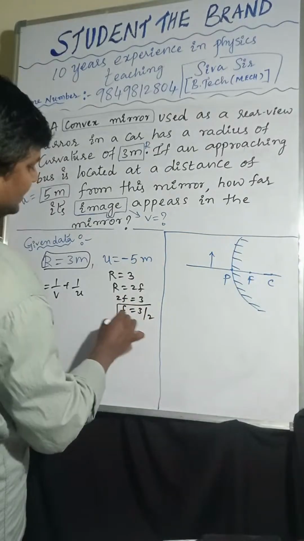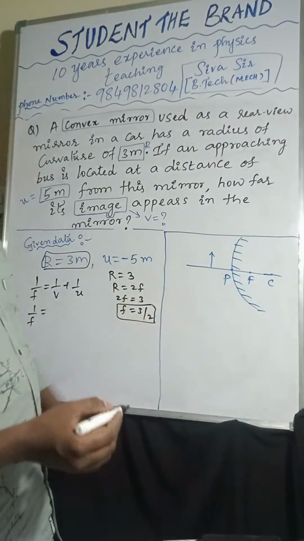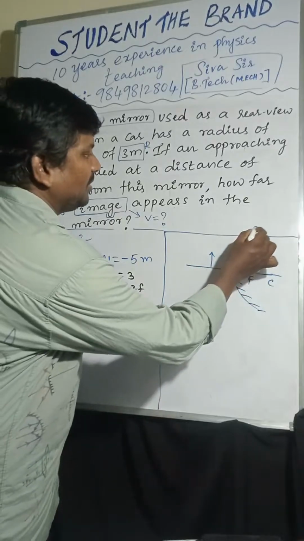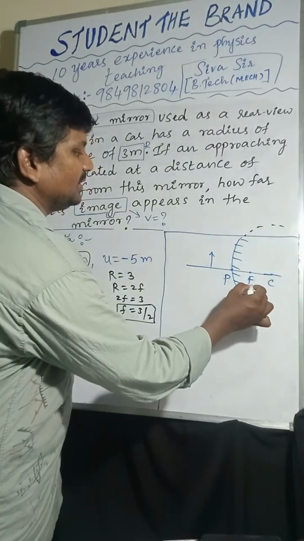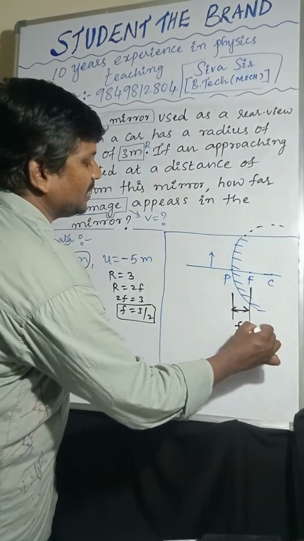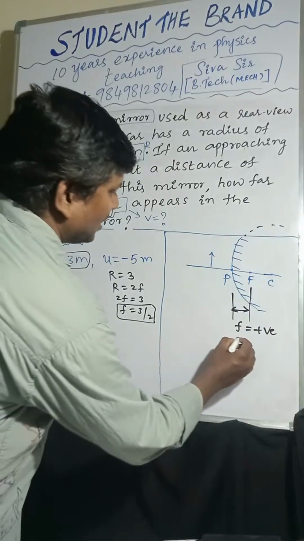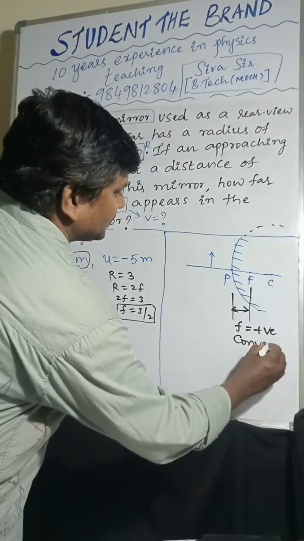Keep it like this. For a convex mirror, the focal length is on this side, so according to the sign conventions, the focal length is positive for a convex mirror.